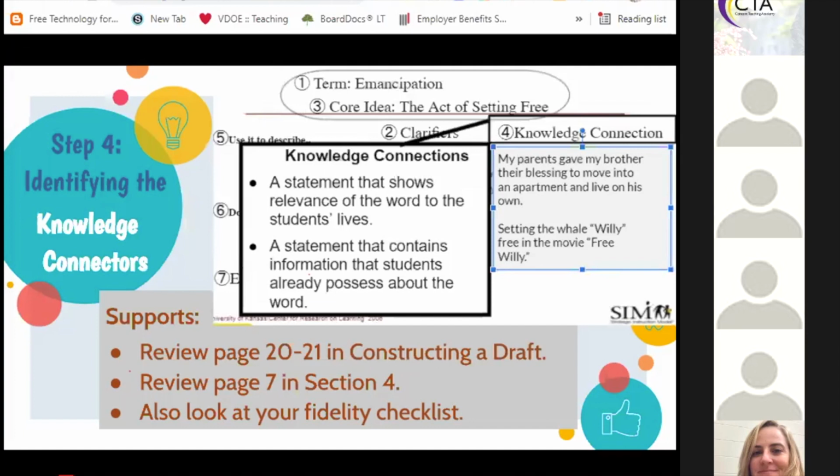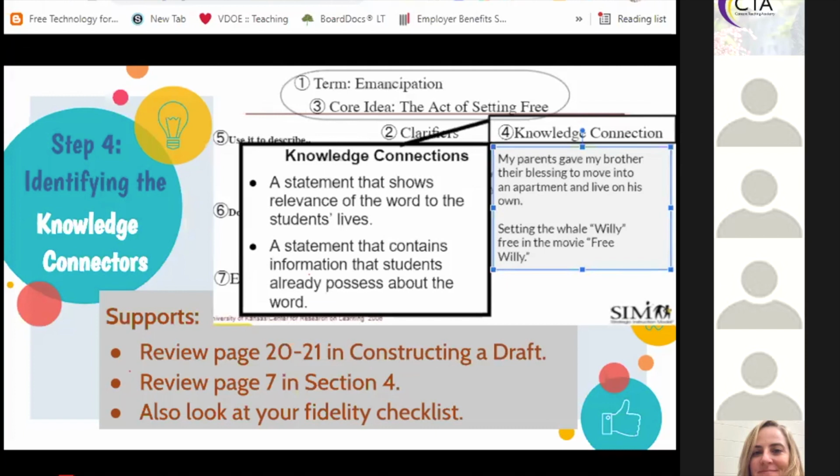Now we've got our big parts. Now there's knowledge connectors, and I feel like this is the hardest for us because sometimes we don't know what's relevant to our students. This is where co-construction comes in. You can have some ideas, like this is what we learned last unit and this is how it would relate. But it's a statement that's relevant to the world that the students live in. So it could be a TV show.